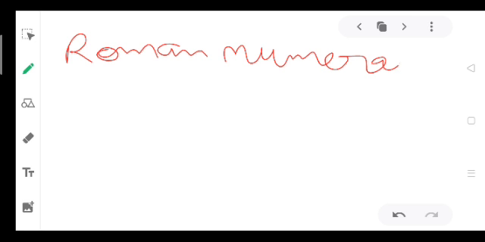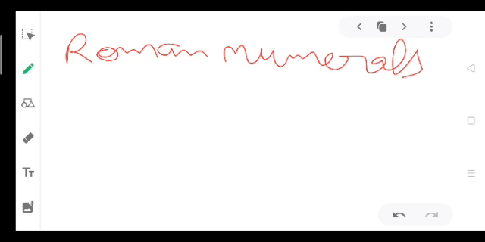How many symbols have they used? 7. They are using only 7 symbols for writing all the numbers.